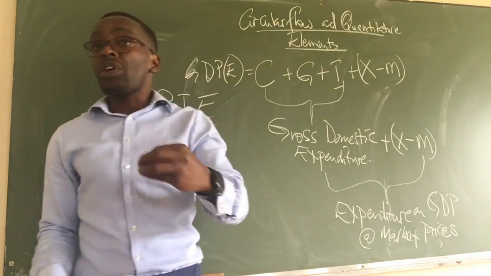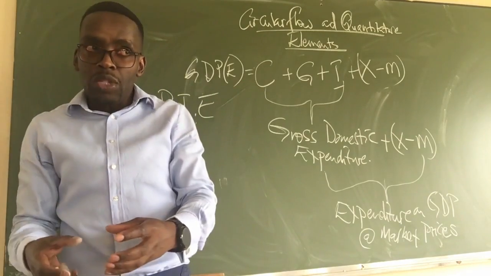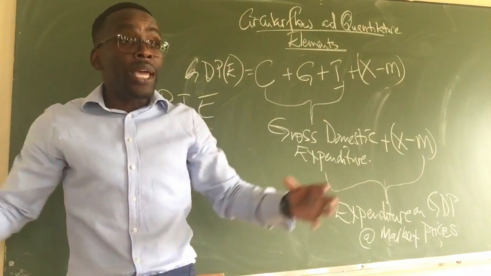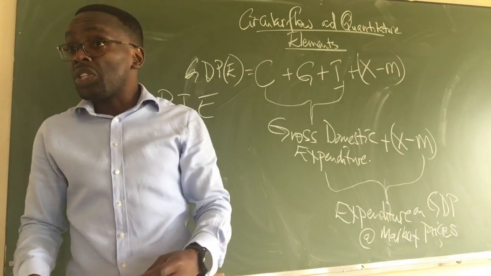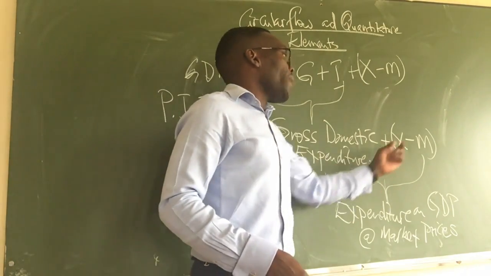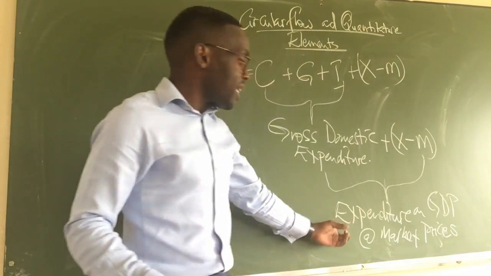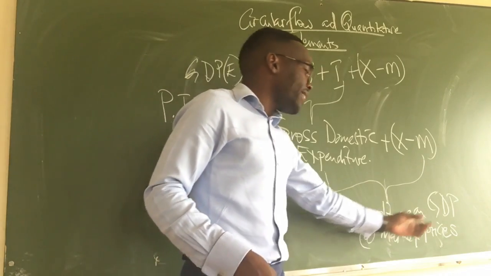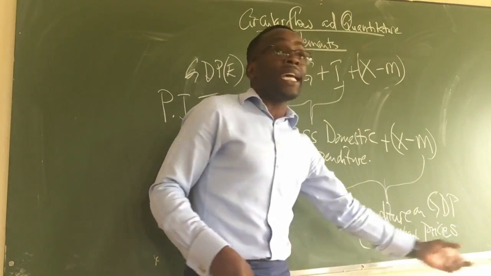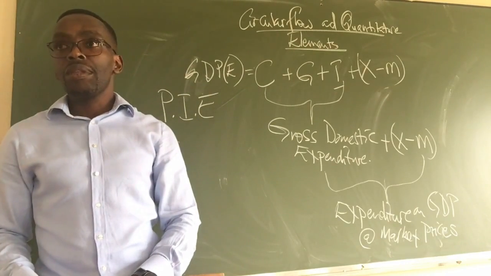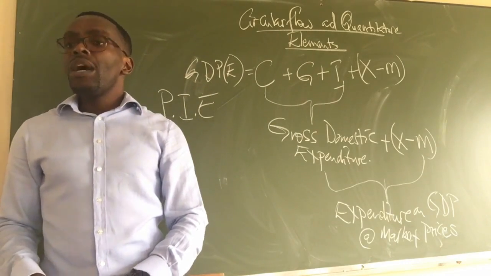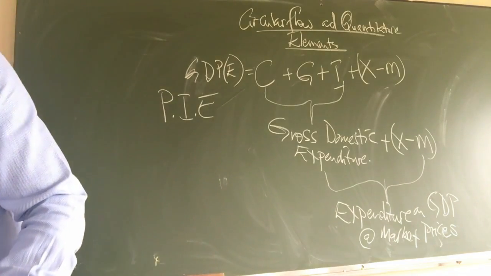Domestic because it's total expenditure within the borders of a country on goods that were manufactured in the country. Then to this, we add the X and subtract the M, and the answer that you get is what is called expenditure on GDP at market prices. Do we understand? Right. Then that's our expenditure.